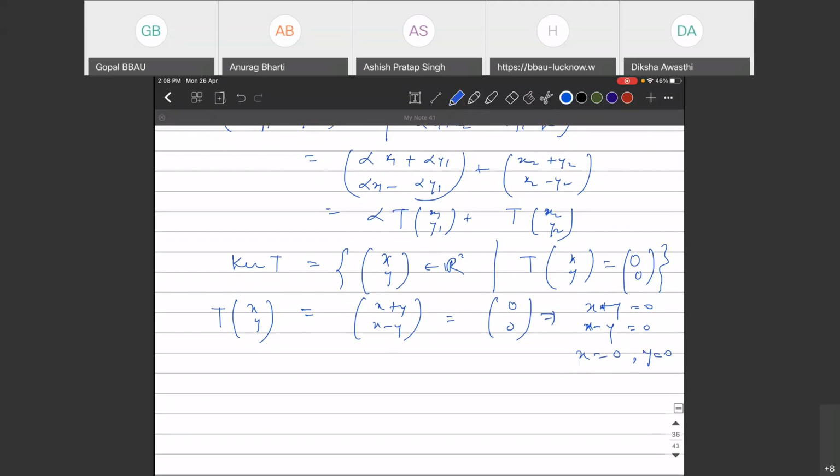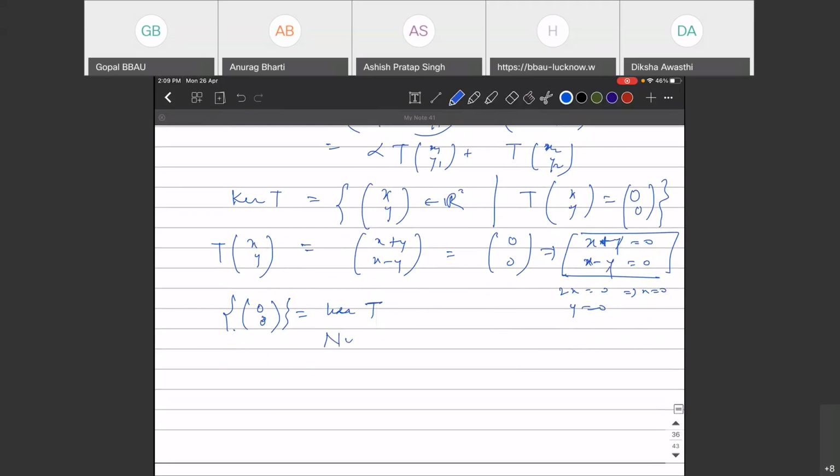Is it correct? Do you get this? How to compute the kernel of T? At the end we just solve this system of linear equations. So 2x equal to 0 implies x equal to 0, and then y equal to 0. So (0, 0) is the kernel of T.